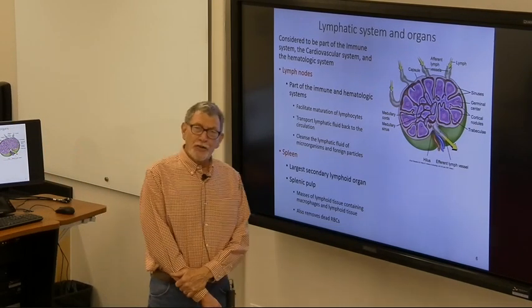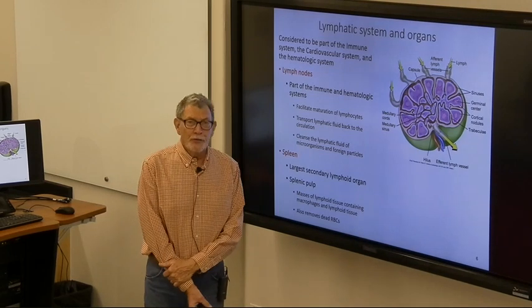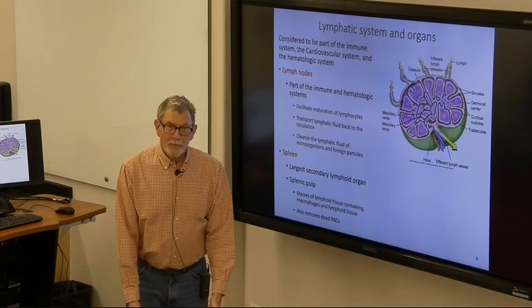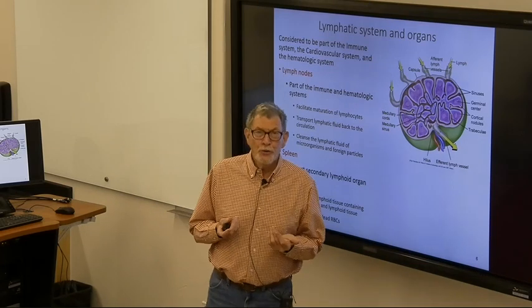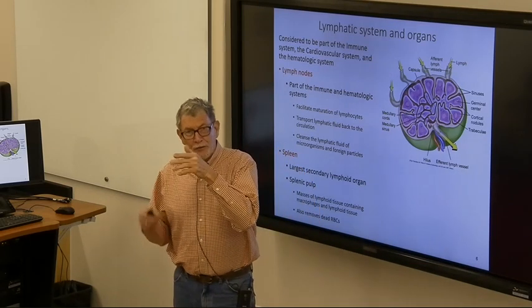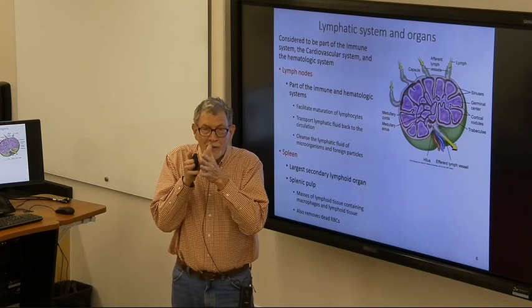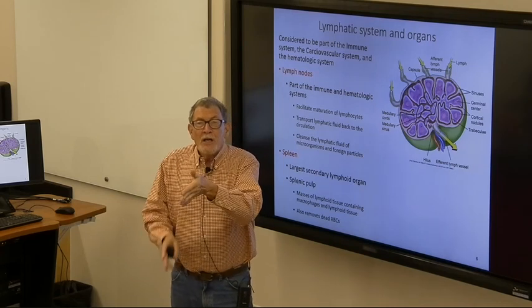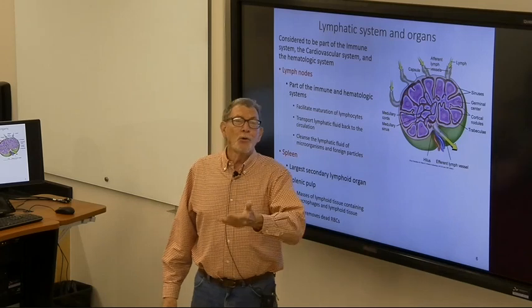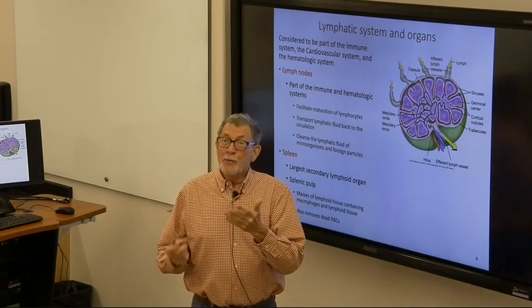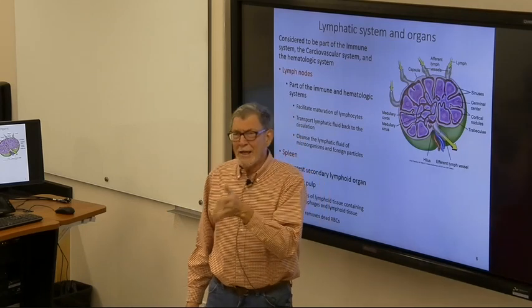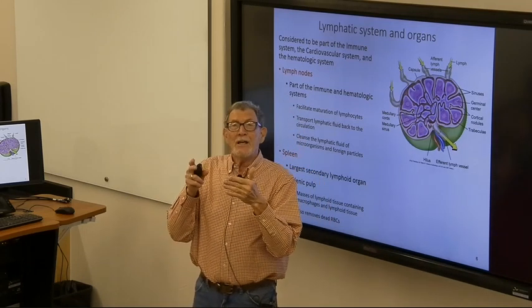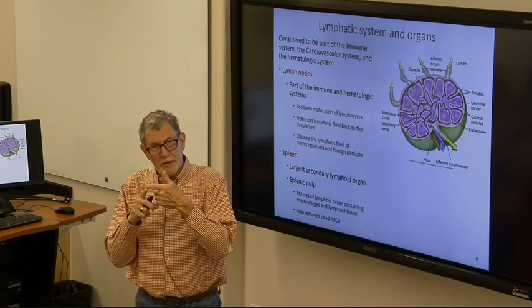Your lymphatic system, if you'll remember, is the cleaning system of the tissues. You have lymphatic vessels going in the same place you have capillary beds. It pulls out the debris, extra fluid, and bigger things like bacteria and cancer cells, things that can't be easily moved into a capillary.